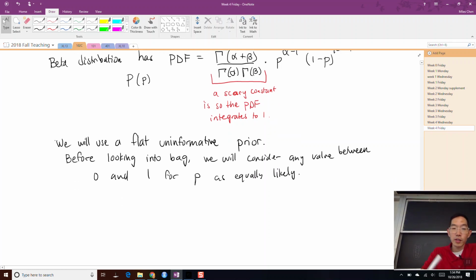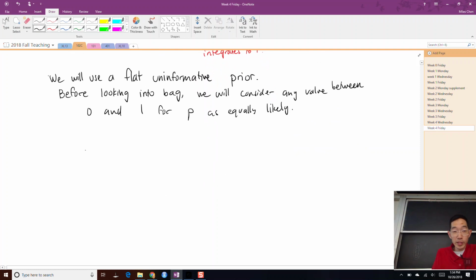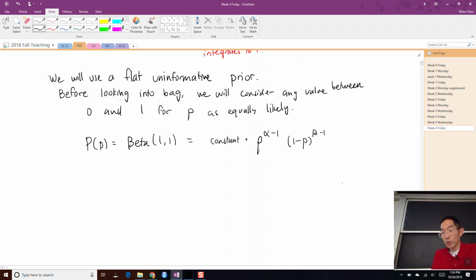So the probability of p is going to be a Beta(1, 1). This is a constant times p^(α-1) times (1-p)^(β-1), and this just becomes some constant times p^0 and (1-p)^0.